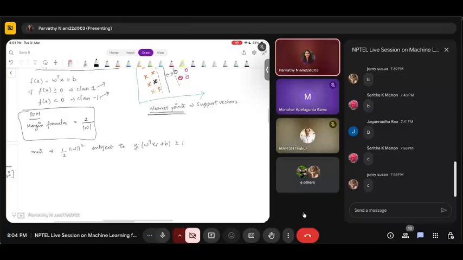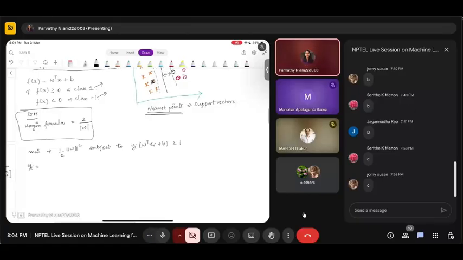So when yi is plus 1, we get W transpose xi plus b greater than or equal to 1.